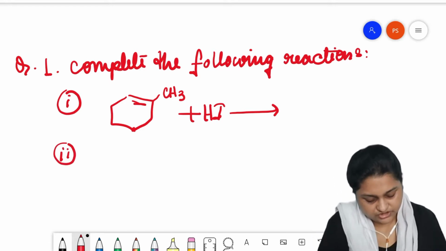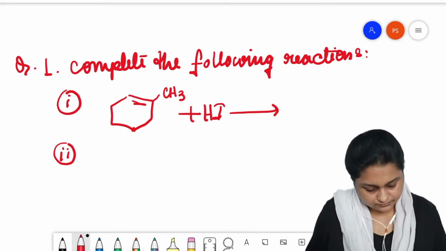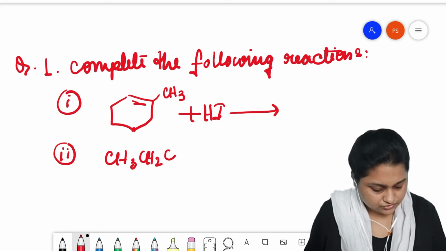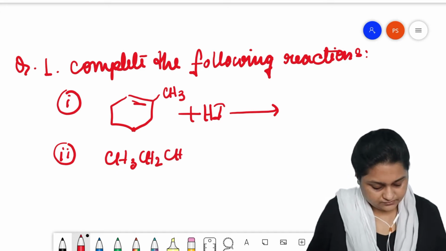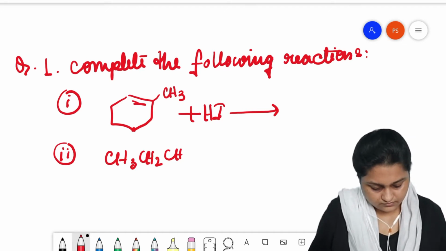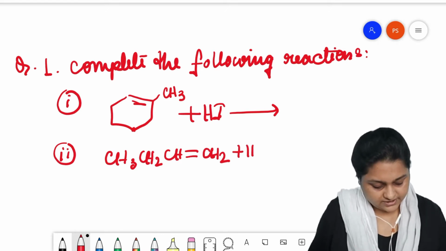The second question is CH3, CH2, CH, double bond CH2 plus HBr. What is going to be the product?